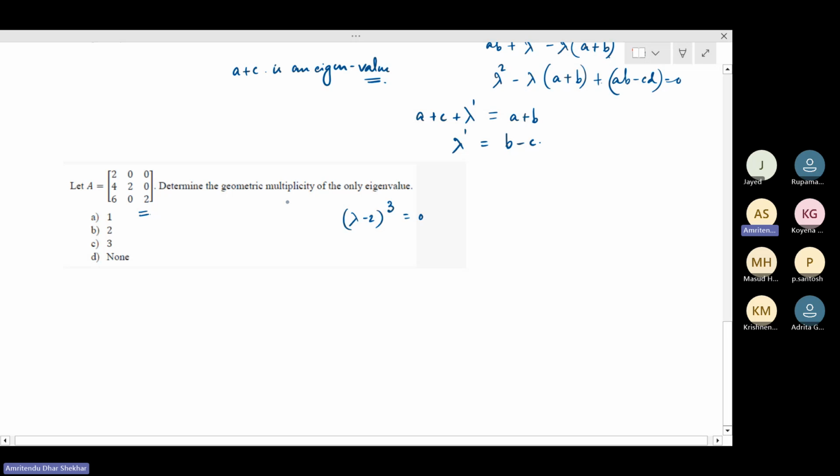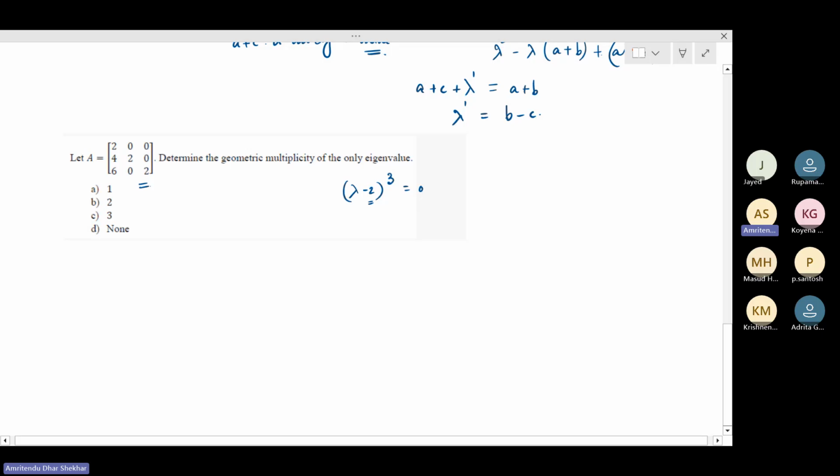So this eigenvalue 2 has an algebraic multiplicity of 3. But if you want to compute the geometric multiplicity, we consider this matrix A minus 2 times I, which is equal to 0, 0, 0, 4, 6, 0, 0, 0, 0.